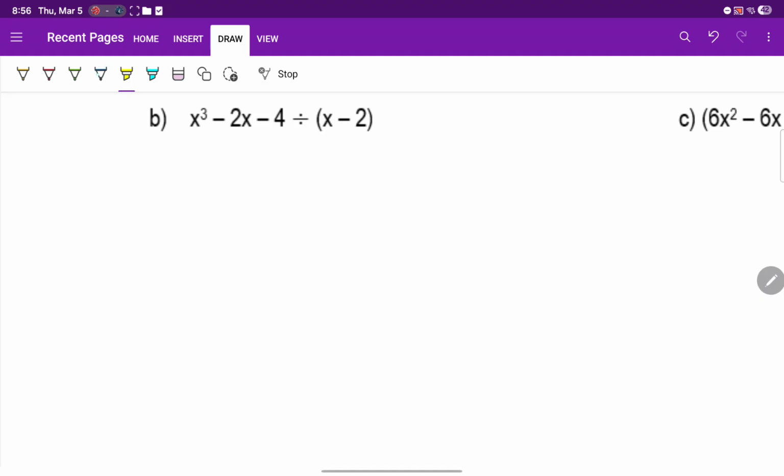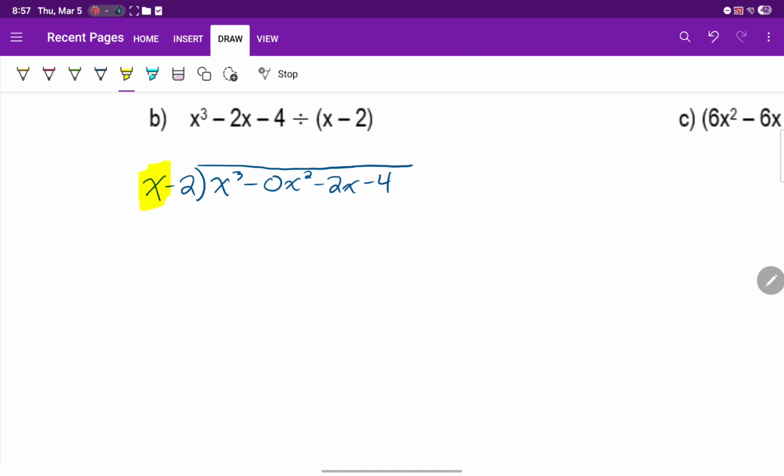First here we're going to go x minus 2, and we are going x cubed minus, now notice 0x squared, there's no x squared term, minus 2x minus 4. I'm always checking how many times x goes into everything.